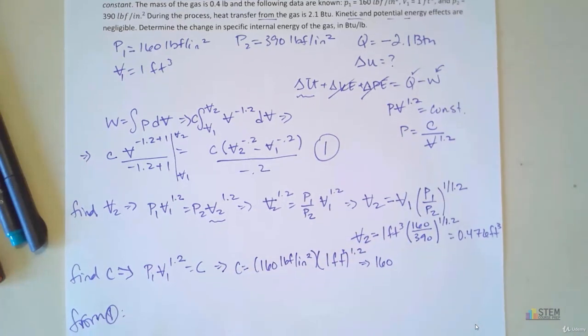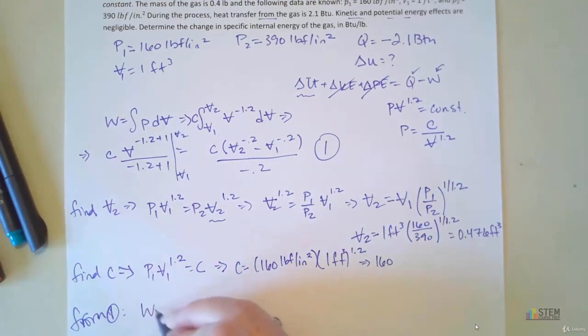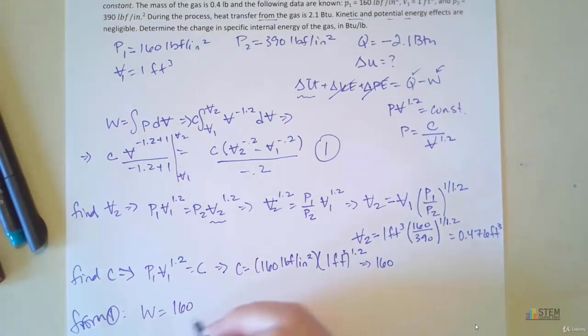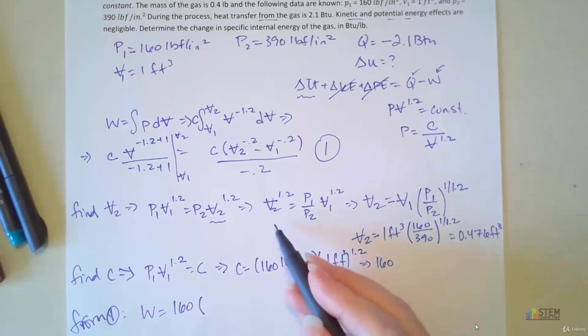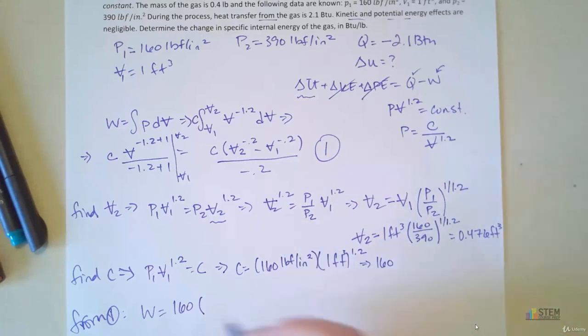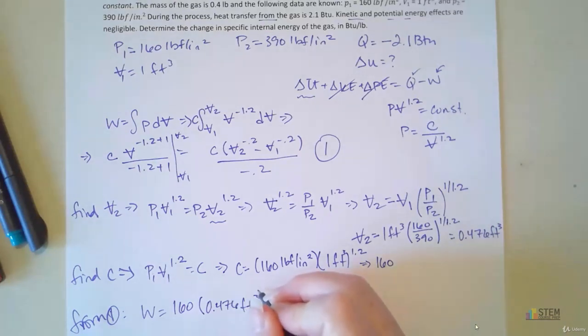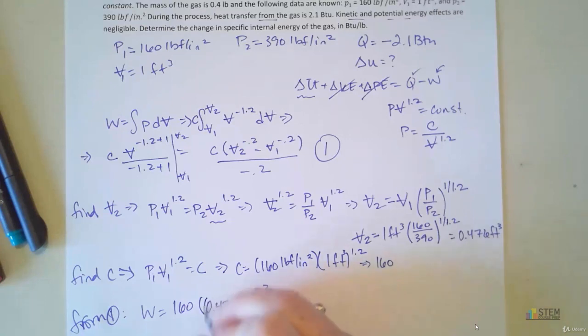Alright, so from equation 1 then, we can write that the work is 160 times V2, which is right here. So 0.476, that's cubic feet. And remember, this is to the power of negative 0.2.